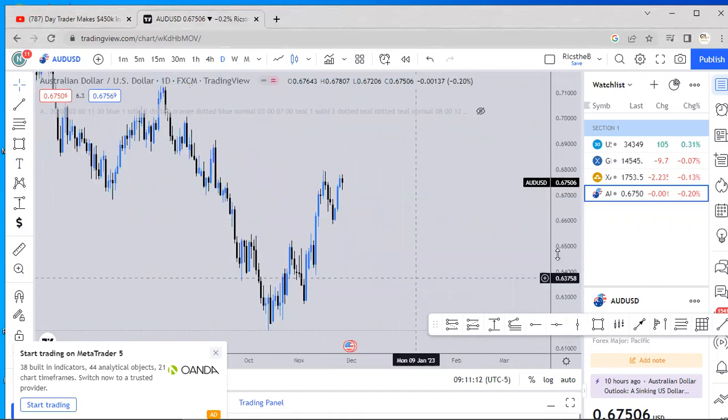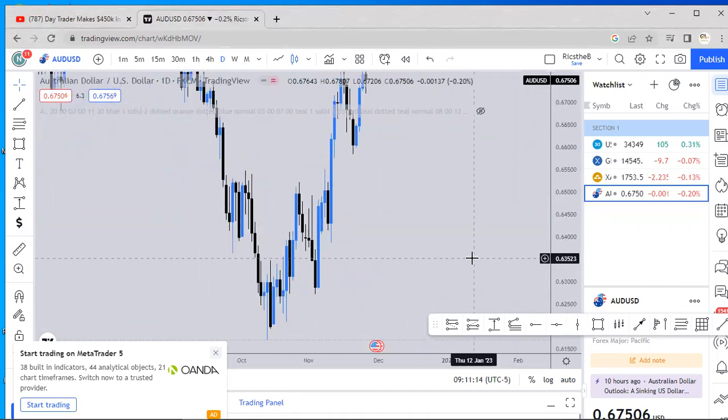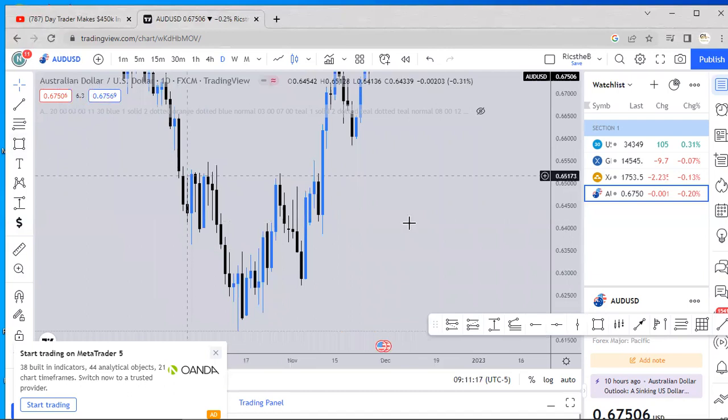If you look at this candle right here, we have candles that look a lot like this. You have candlesticks that look a lot like this. Then you have candlesticks that look a lot like this.